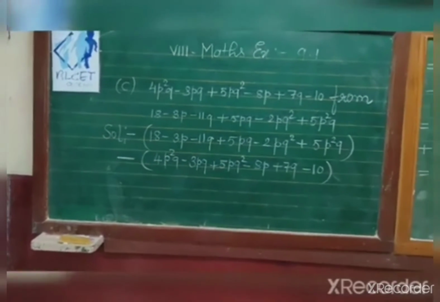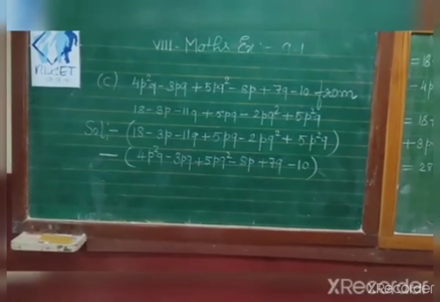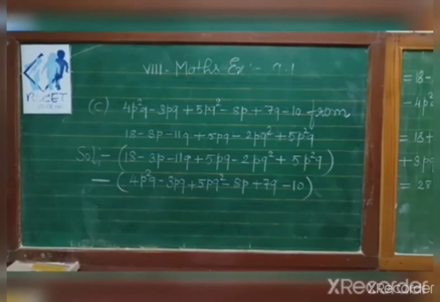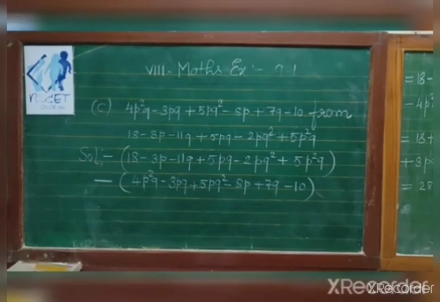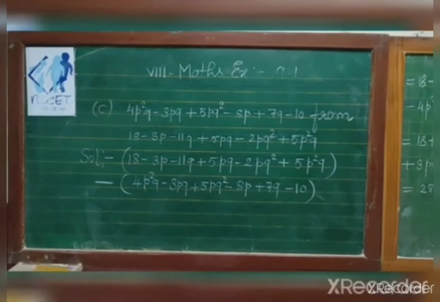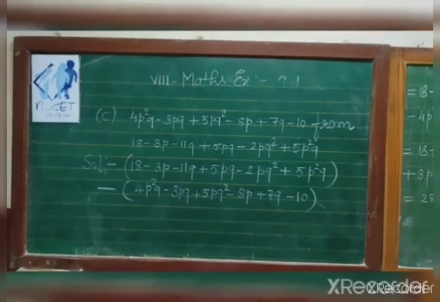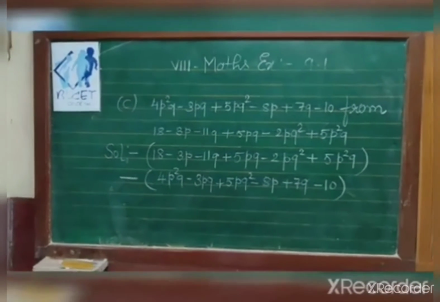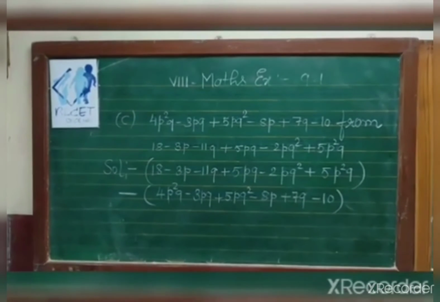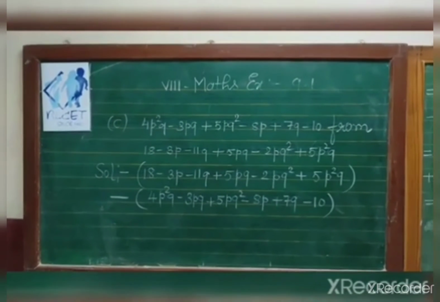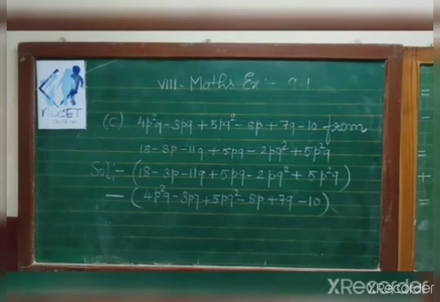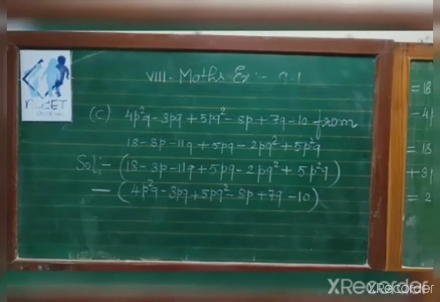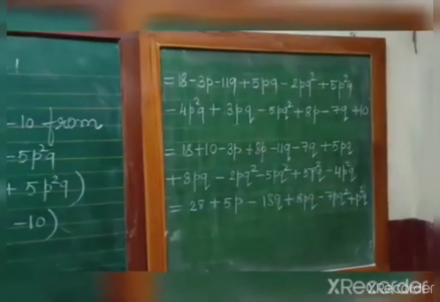In this way you can also consider. So 18 minus 3p minus 11q plus 5pq minus 2pq square plus 5p square q we will write as it is. Then after that we will write minus 4p square q plus 3pq minus 5pq square plus 8p minus 7q plus 10.